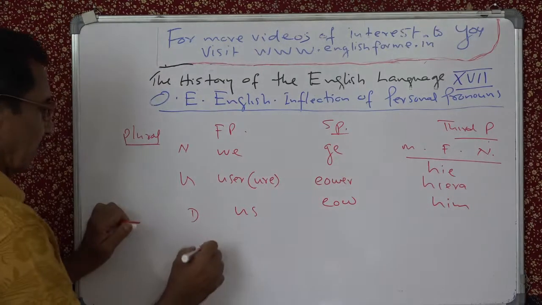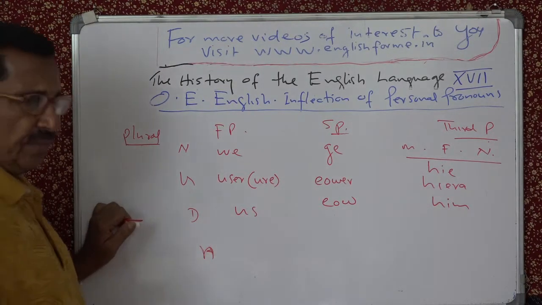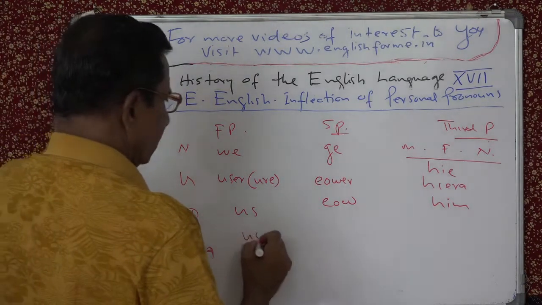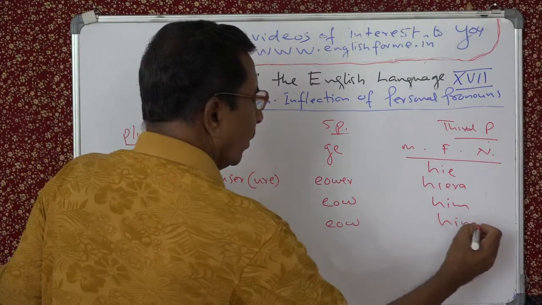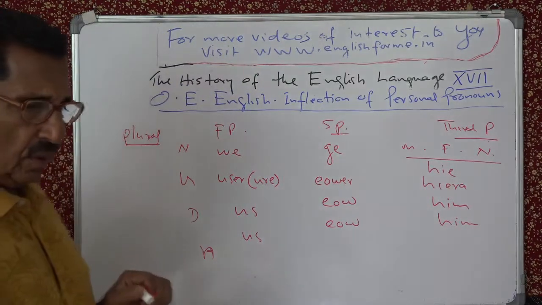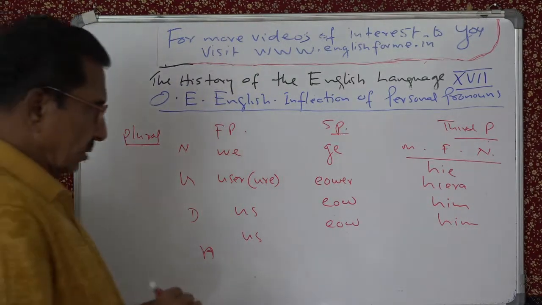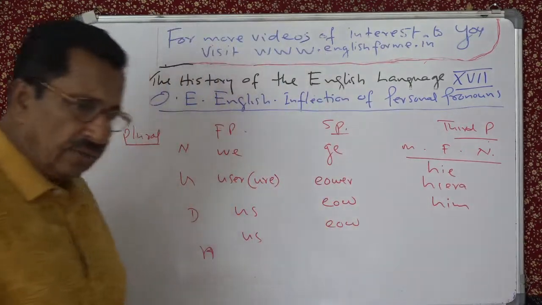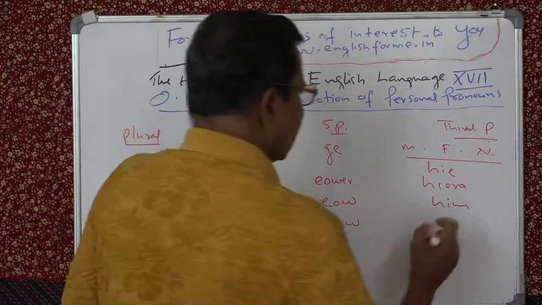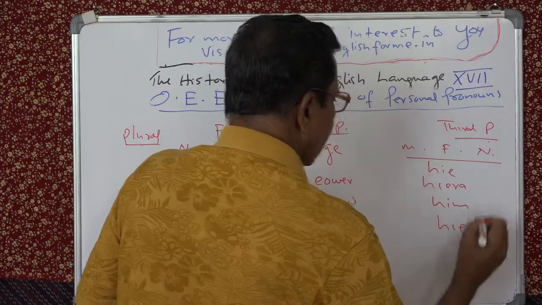And you have got accusative case, that is same. Whose, your, him. Or you have one more form. In this case it is not him, it is he. Nominative and accusative are the same. So you have got he. So that is the thing.